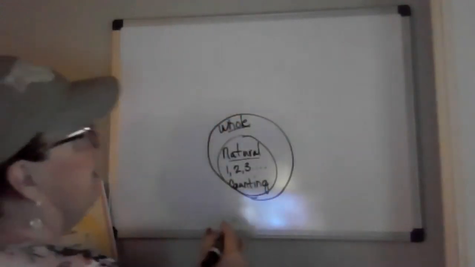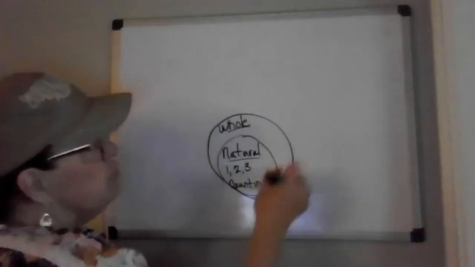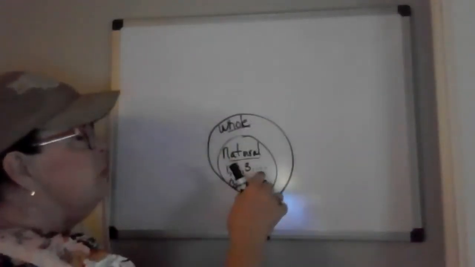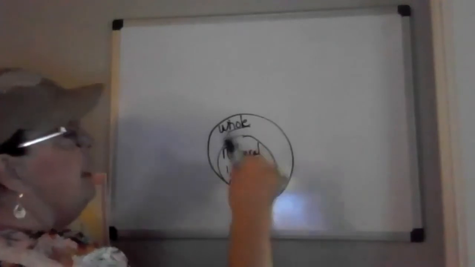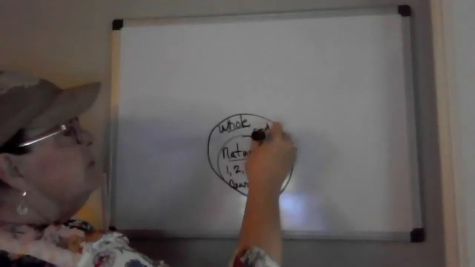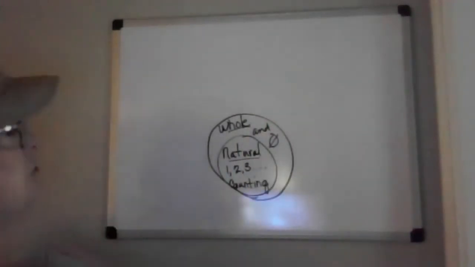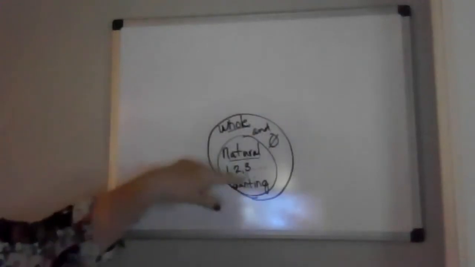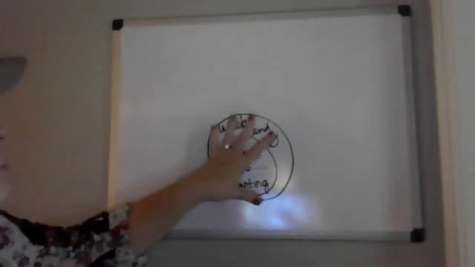Whole numbers. And the reason that I drew the circle around the natural numbers is because whole numbers include all of the natural numbers and 0. Okay, so as we get older, we learn what 0 is and add that to what we already knew. Now we know the whole numbers.